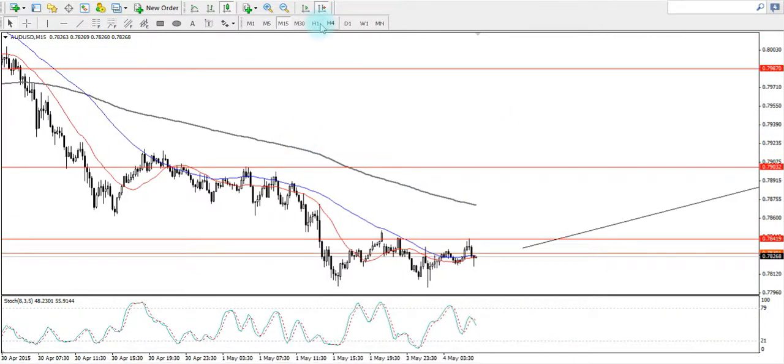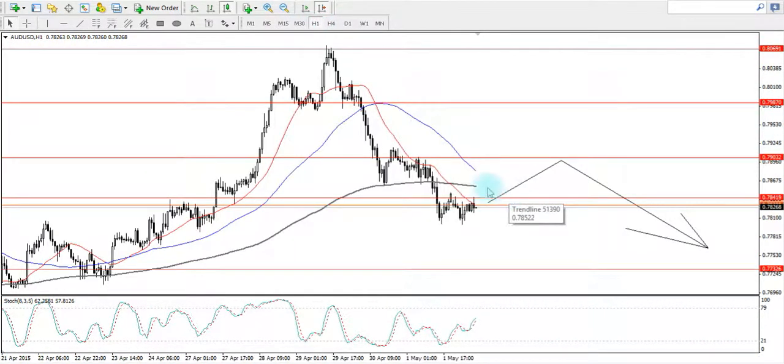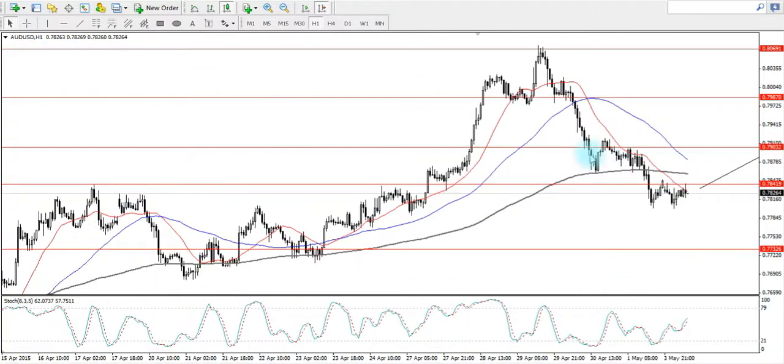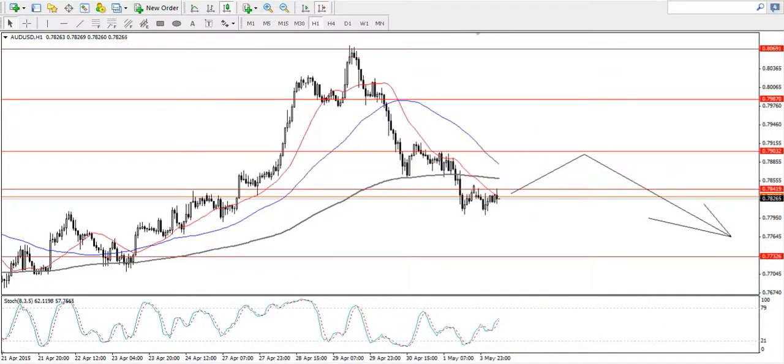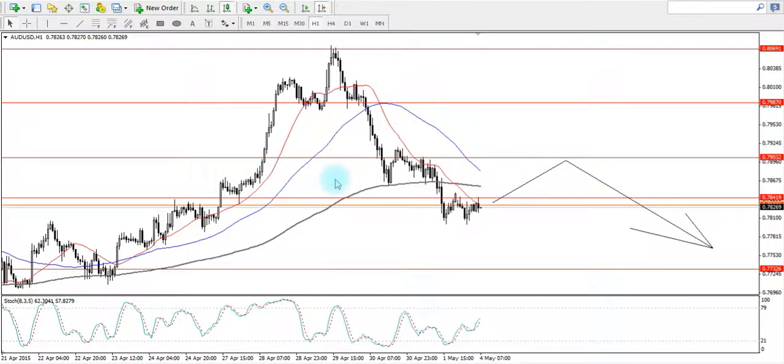You might want to just put aside this pair for today and trade the news tomorrow instead. If the Reserve Bank of Australia cuts the interest rate, then of course we are expecting the Aussie to depreciate pretty significantly. So that's pretty much for the Aussie against the US dollar.